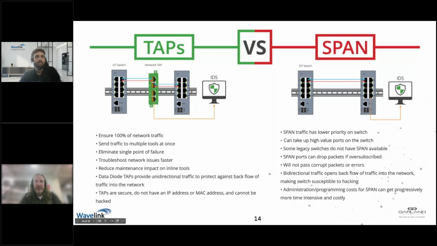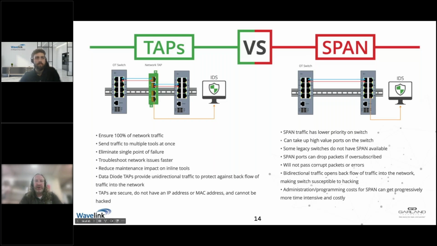So, I always look at it as a journey. If you're just getting started with your security deployments, definitely span, if you have a managed switch, is a great way to get started. And start monitoring your network, and you may want to start at north south. But I always look at, understand your risk.